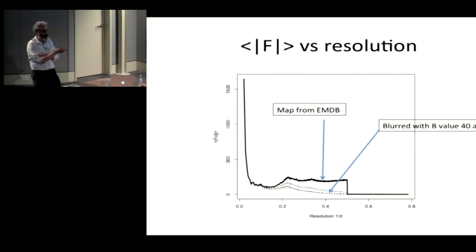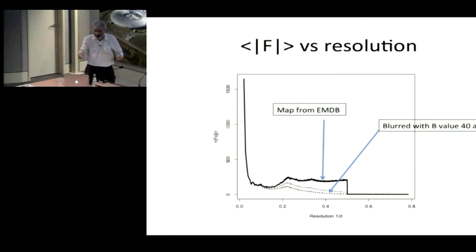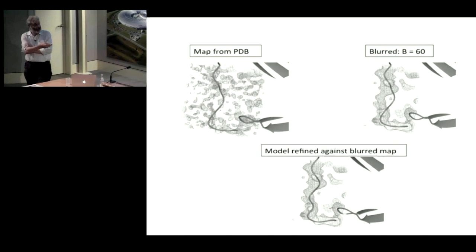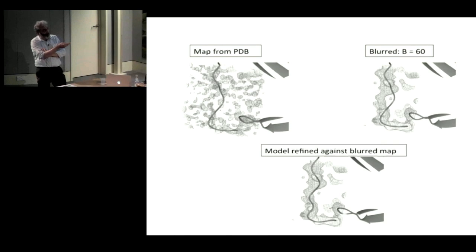Series termination effect can obscure signals completely. An example is here. That is a map taken from the PDB. If you look at this map, there is no feature whatsoever in this region, but you see a lot of tiny local features, as if the resolution is very high.